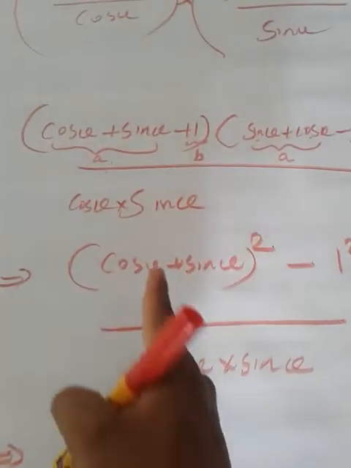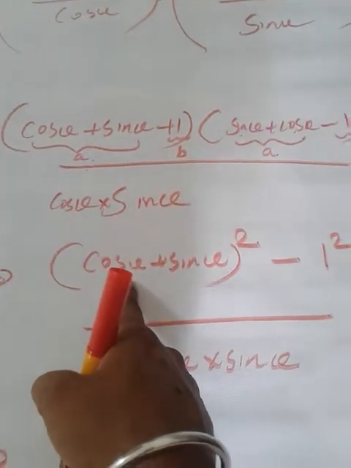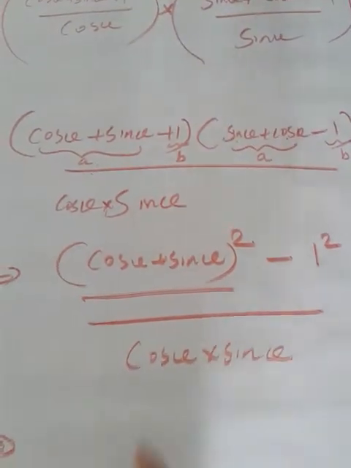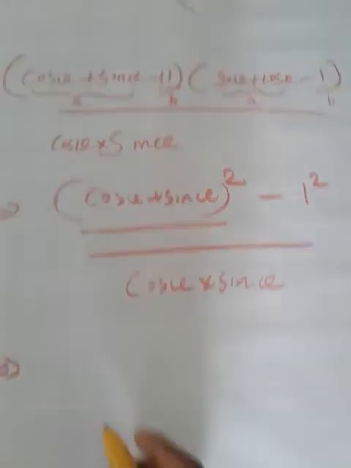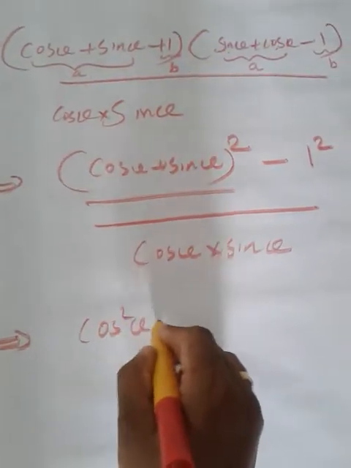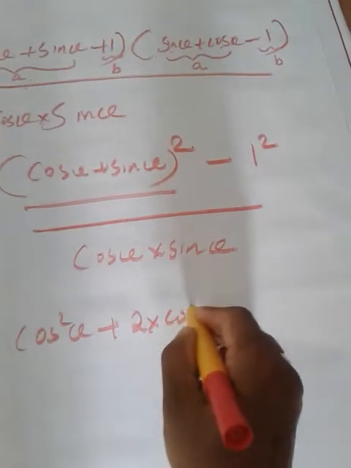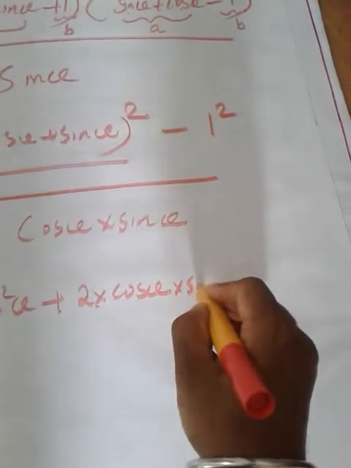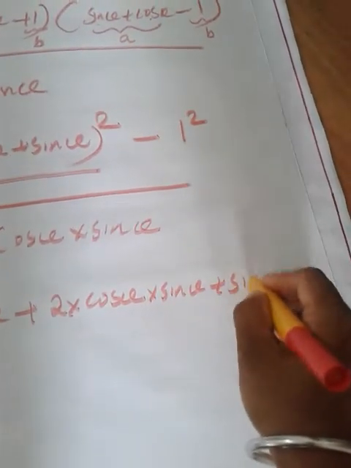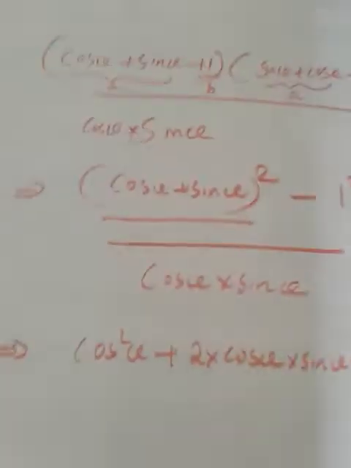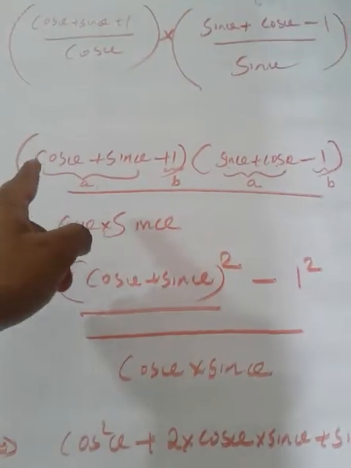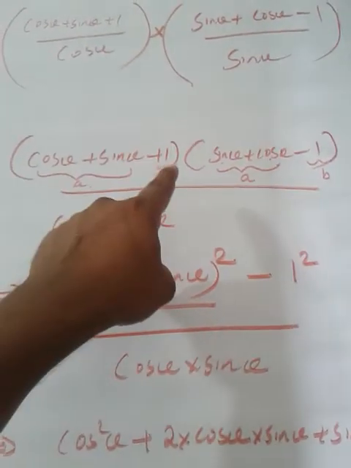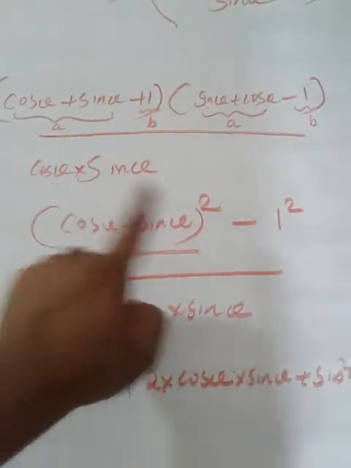Now here we can use an identity, which is A plus B whole square. Apply that identity: A square plus 2 into A into B plus B square. Once again, when we saw this in the form A plus B into A minus B, we applied A square minus B square.